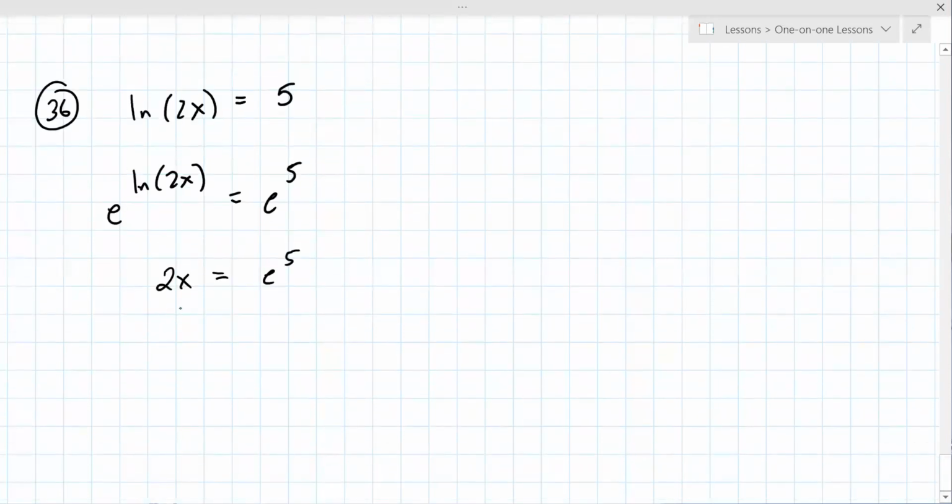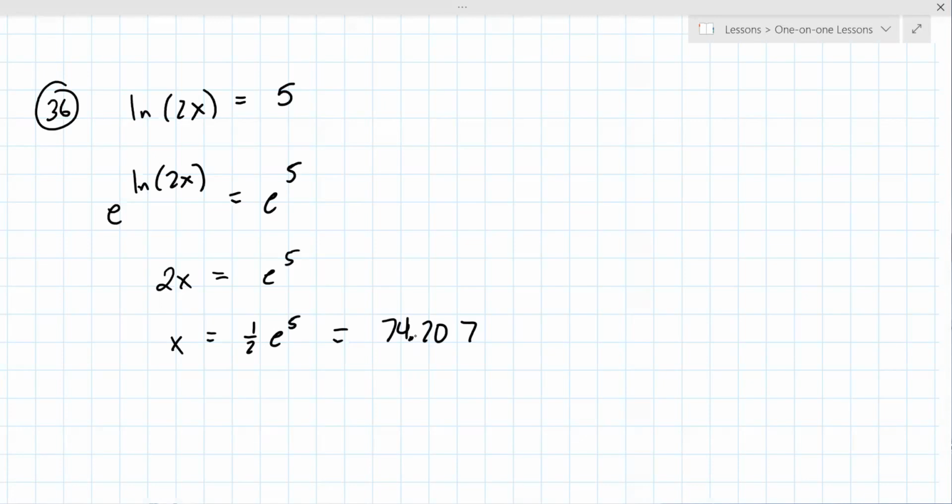Wait, divide by 2. Yeah, so it's 1/2 e to the 5th. e to the 5th is like 148, then divided by 2 equals 74.207. Yeah. All right.